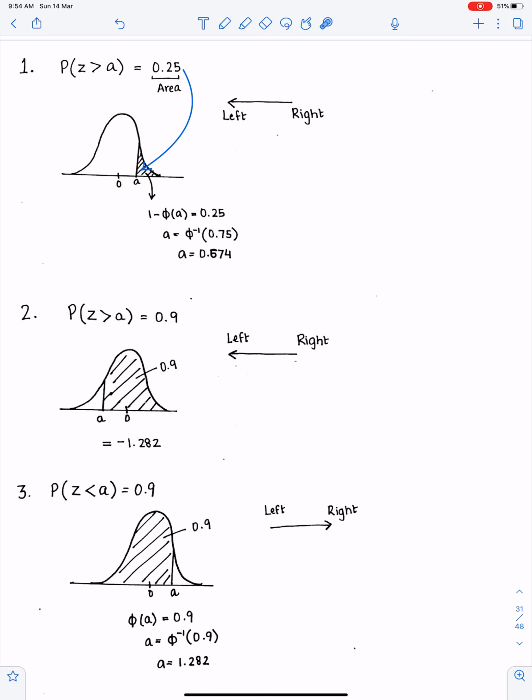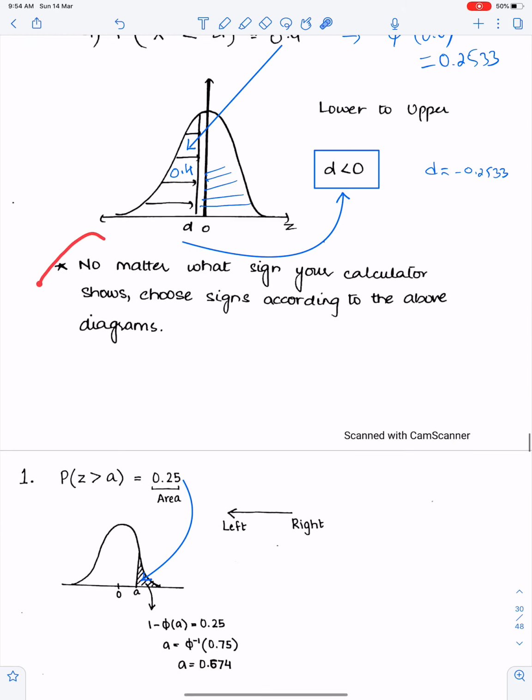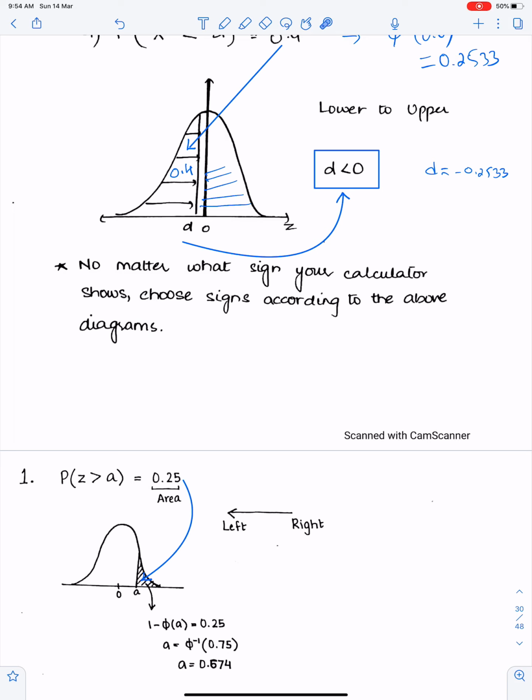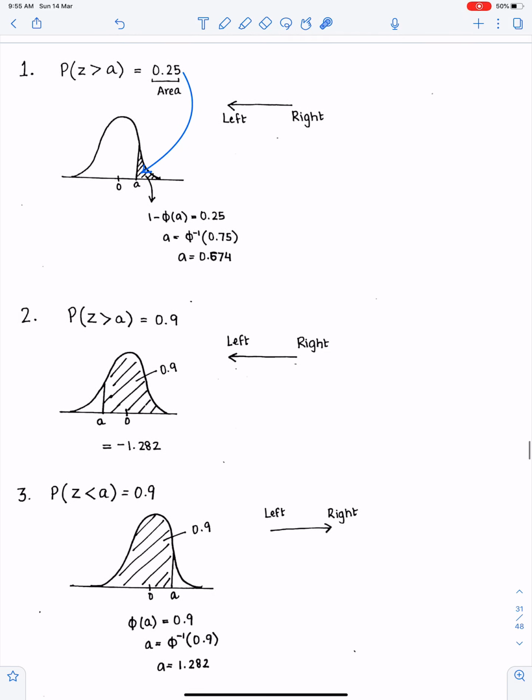So make sure if you are using calculator, then don't take the sign of the calculator. I have mentioned this here. No matter what sign your calculator shows, choose signs according to the above diagrams or according to your own sketch. This sketch says that A is positive. So you cannot write negative sign here. You have to write positive sign.